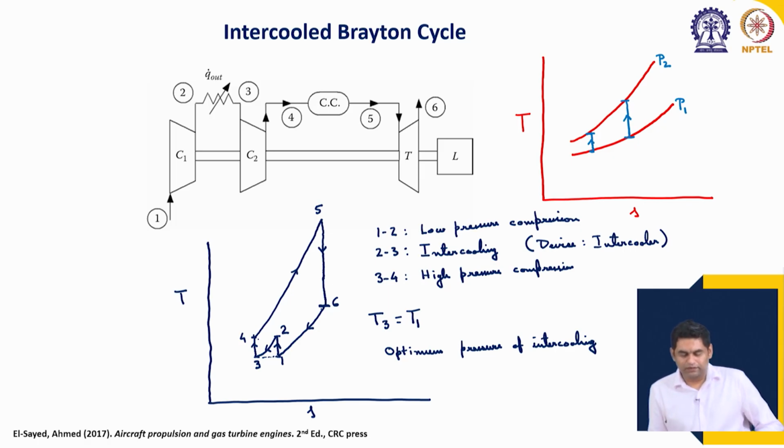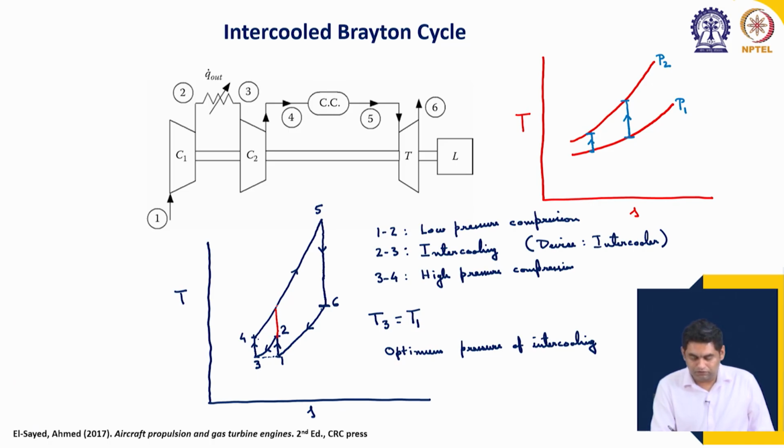So, what is the net result of this? The net result is that the overall work input to the compressor decreases, because now the second part of the compression occurs at lower temperature as compared to the original case, which would correspond to this red line, although it is not apparent from the diagram.